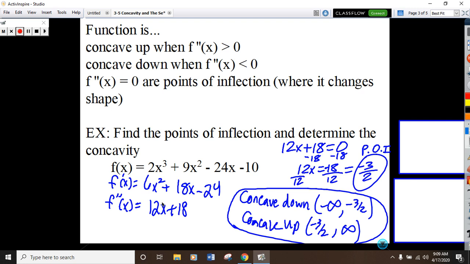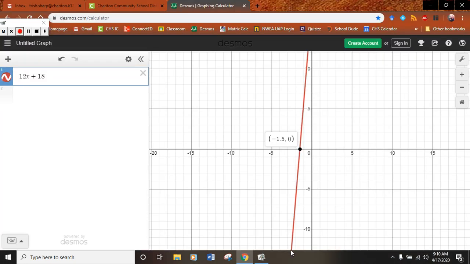So again, find the second derivative. You don't have to do anything with the first derivative. Find the second derivative, set it equal to 0, solve for x. So we have our point of inflection, and that point of inflection helps us with our concavity. Hop over to the graph. Again, you always start from negative infinity into positive infinity, where actually it's x values technically.